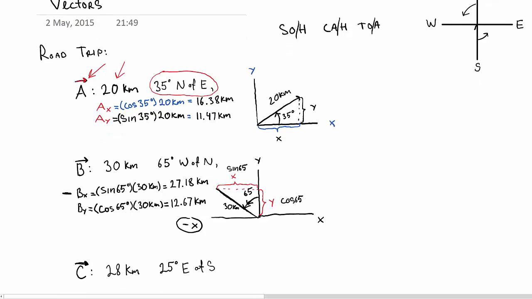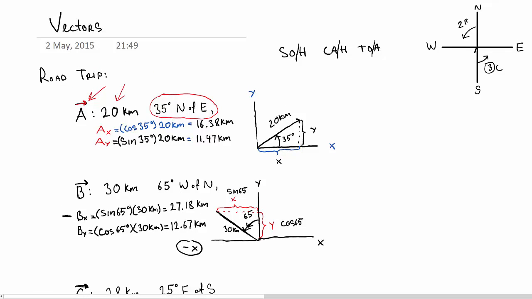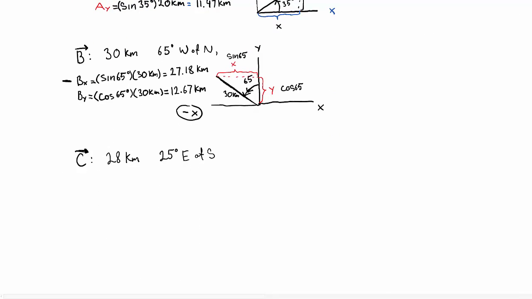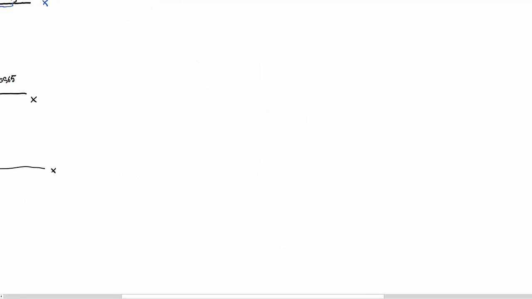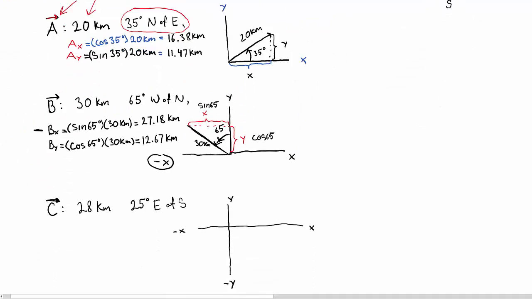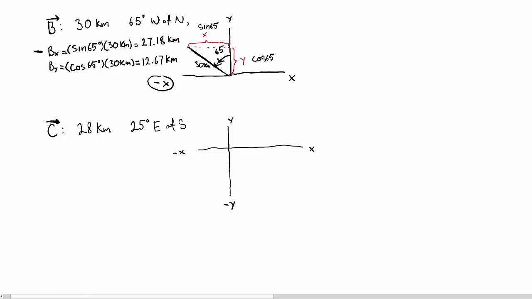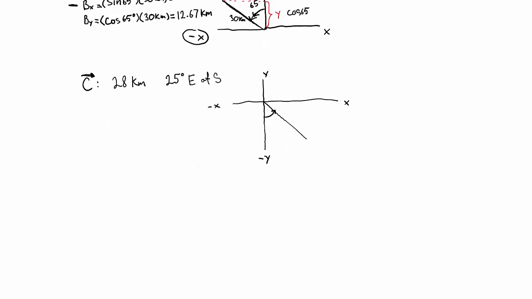And this is our third, C. Here, this is y, this is negative y, this is x, this is negative x, and we're going east of south, so we're going this way, 25 degrees, so it's relatively small.